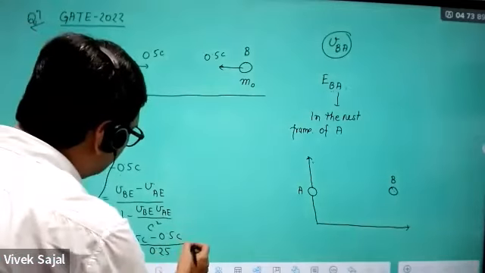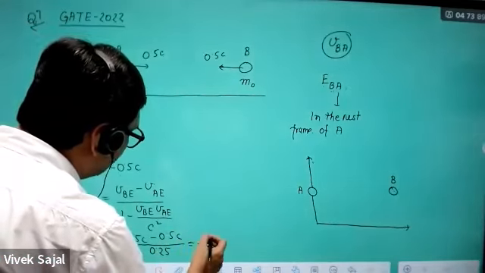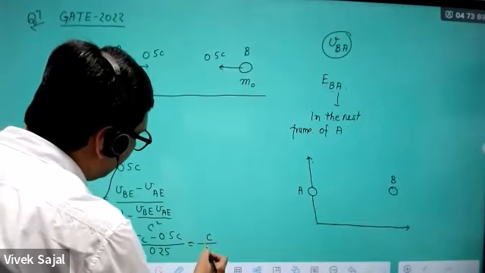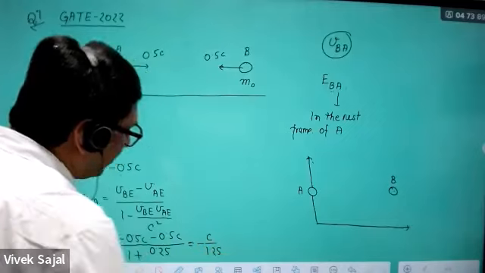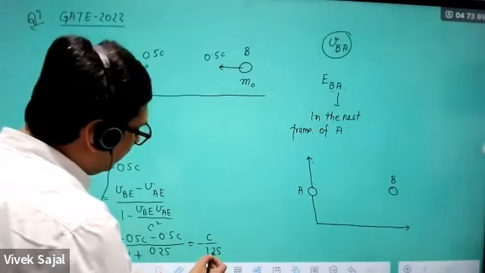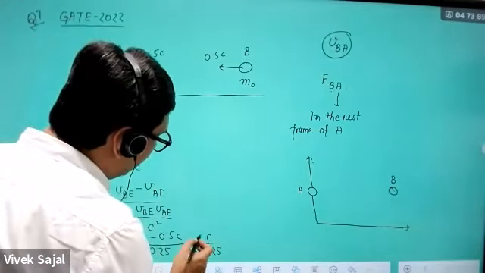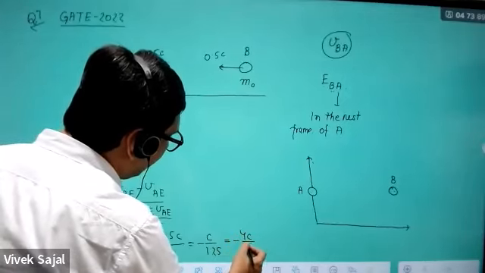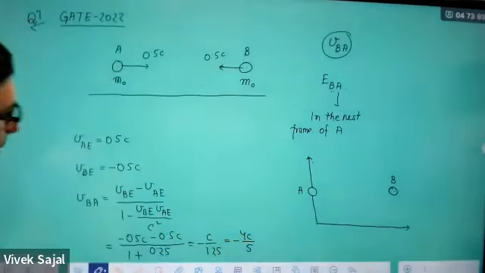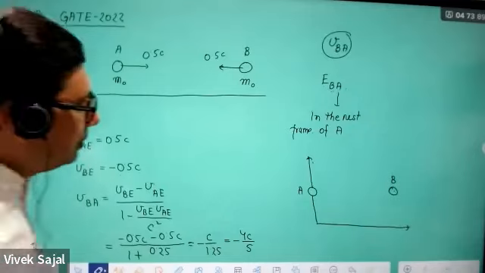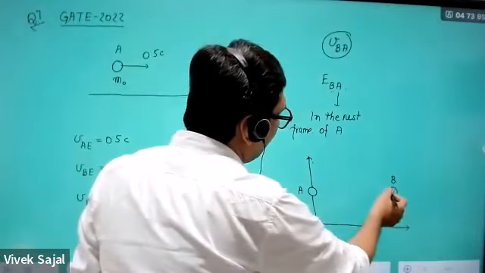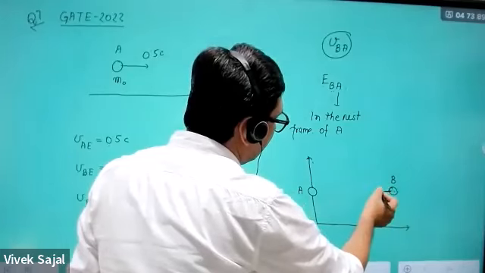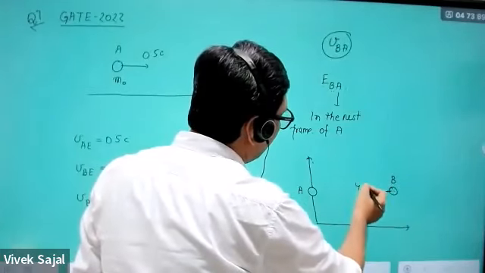So this will be minus c upon 1.25, which is minus 4c upon 5. So you are saying B is moving towards A with 4c upon 5.